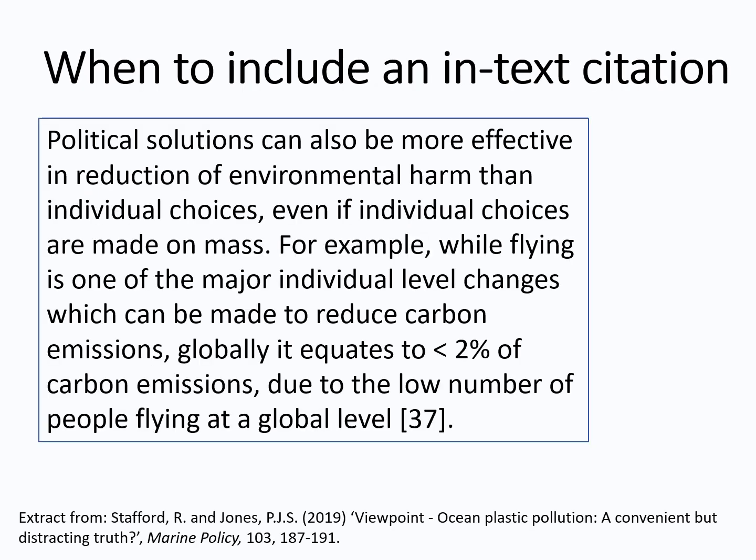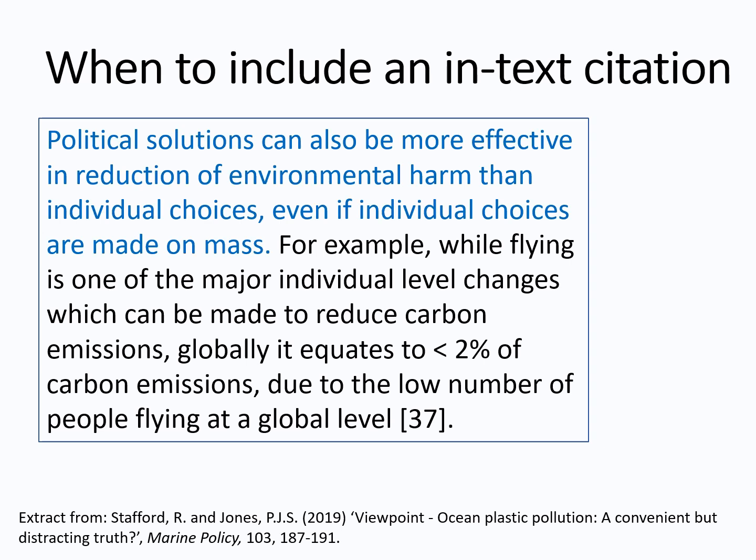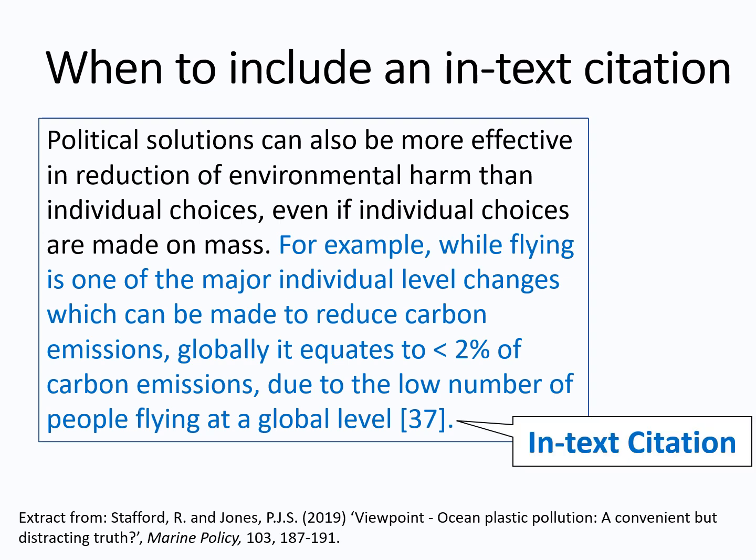Let's look at an extract from Stafford and Jones. This box contains two sentences. The first sentence does not have an in-text citation. We can therefore conclude that this information is the writer's own ideas. The second sentence ends in an in-text citation.